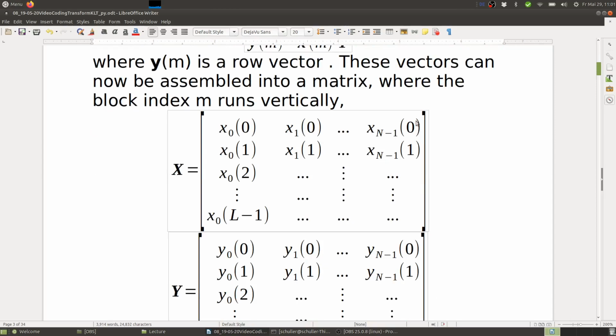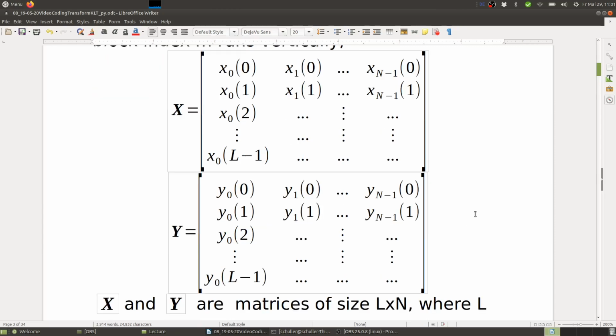So here is an example of x. So x is now containing our blocks. Here in the first row you see the first block, in the second row you see the second block, and so on. So here you can see the block index, and the block index goes up as we go down. And then the result will be blocks y: first block in the first row, next block in the second row, and so on.